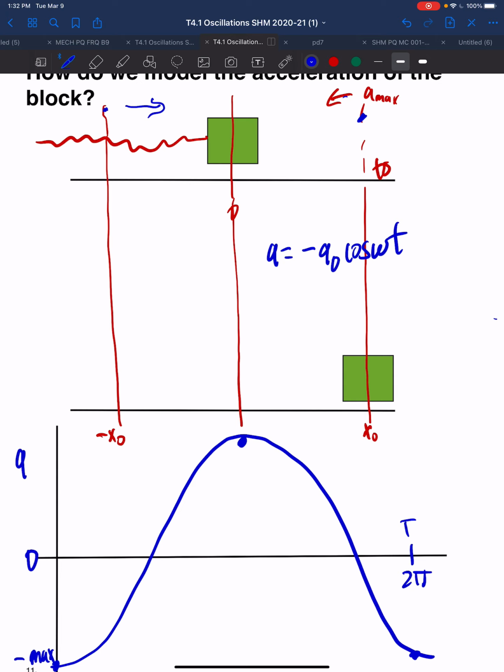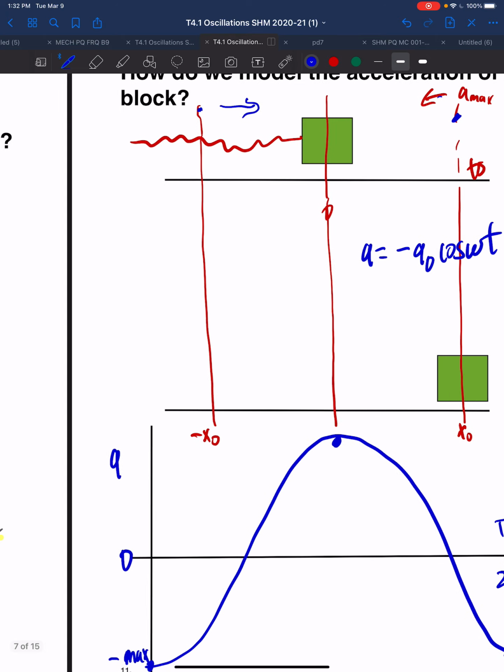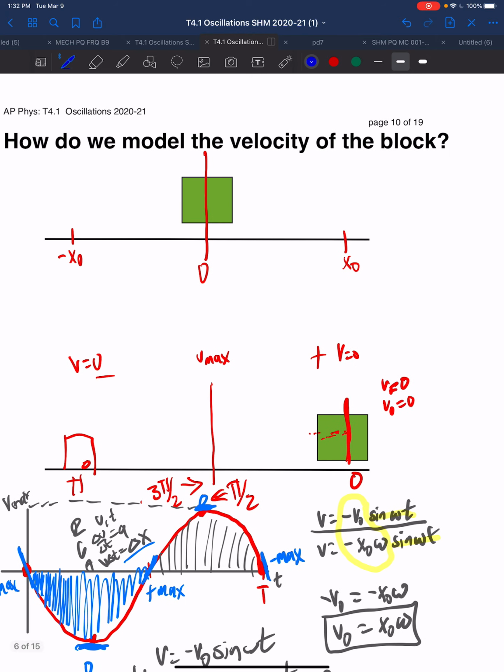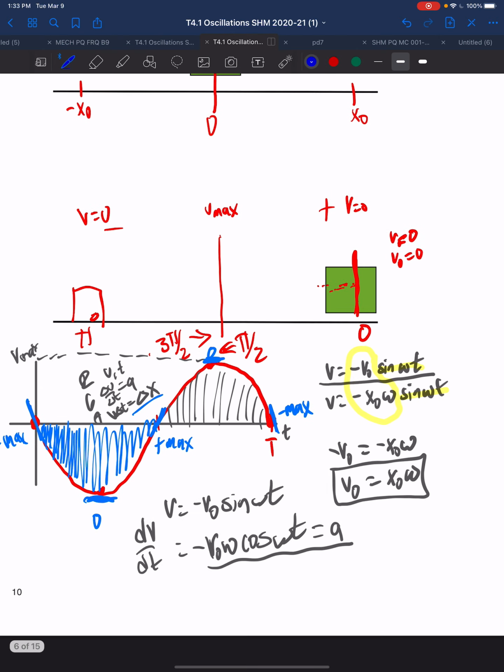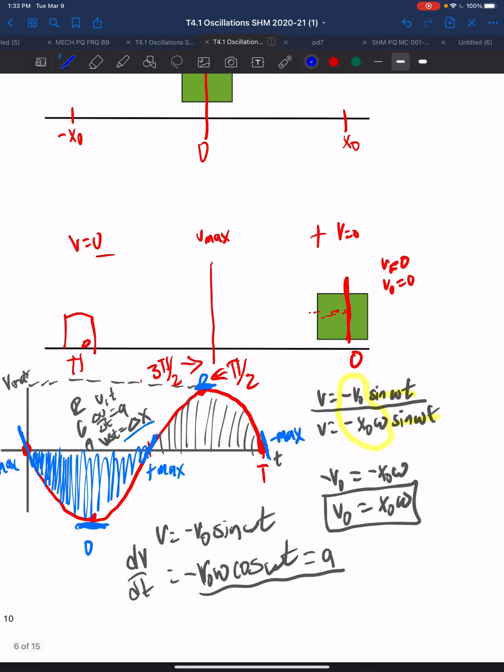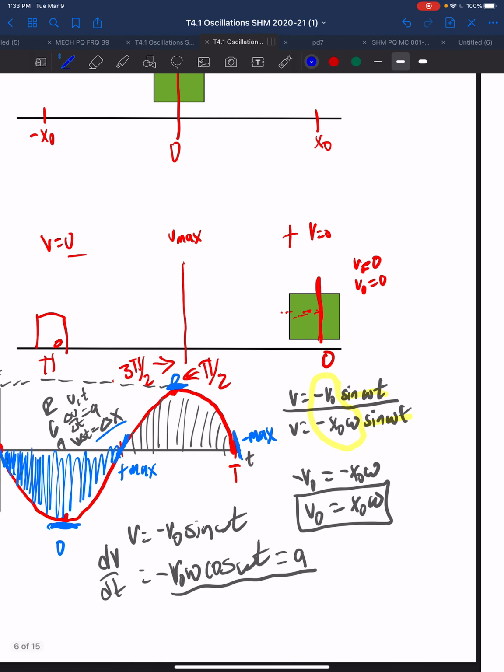And in the previous example, what we had said was when we took the first derivative of the position, we had v is minus x0 omega sine omega t. Oh, excuse me, it's minus v0 omega cosine omega t.